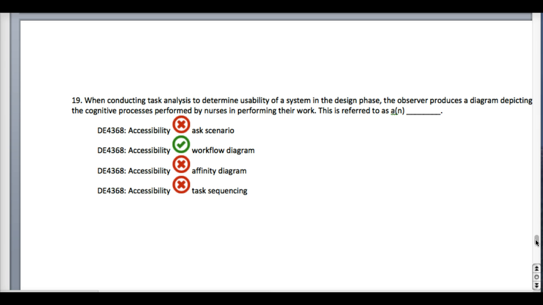An ask scenario, if you were to go back into your book and look at this, you would find there isn't anything such as an ask scenario. A workflow diagram, an affinity diagram, and again, a task sequencing. So the correct answer is workflow. Again, this might be a question that you might have to go back into your text to determine the correct answer. And again, this is on page 183 to 184.